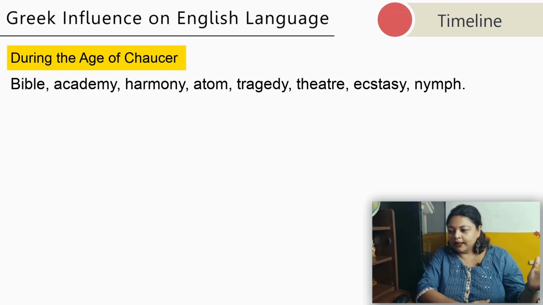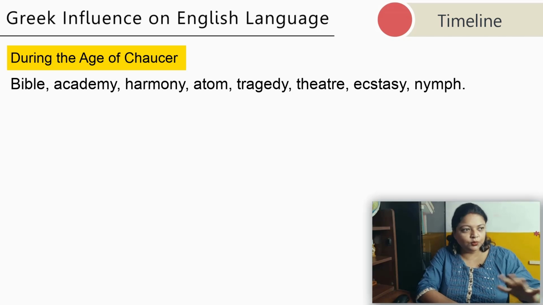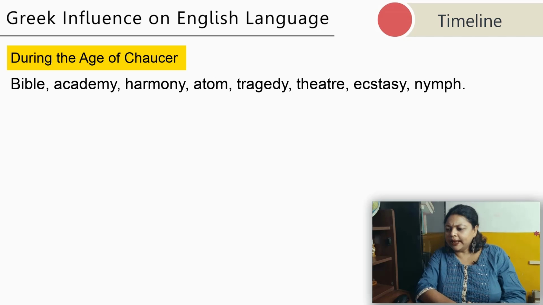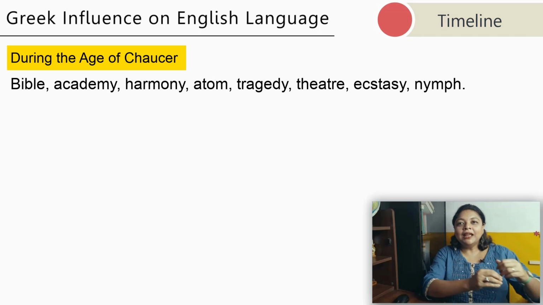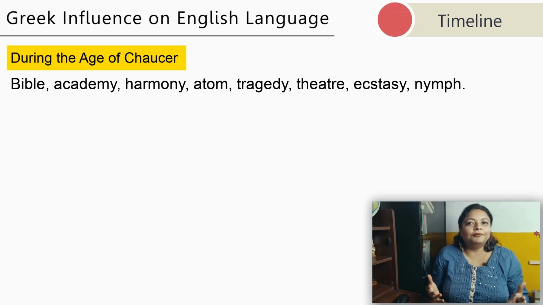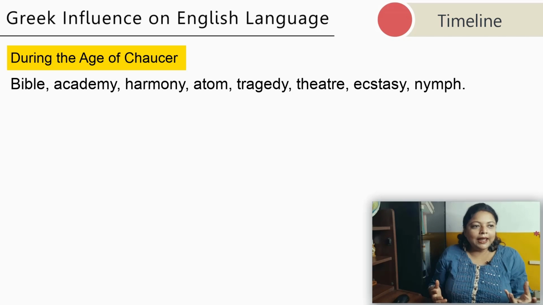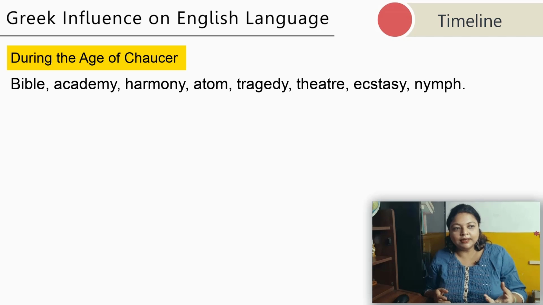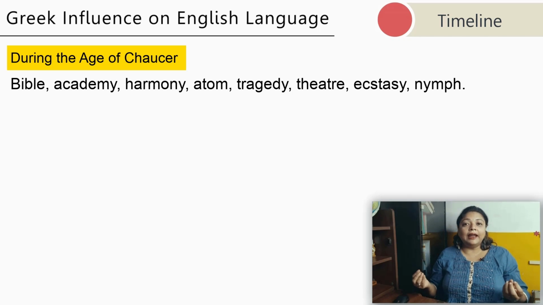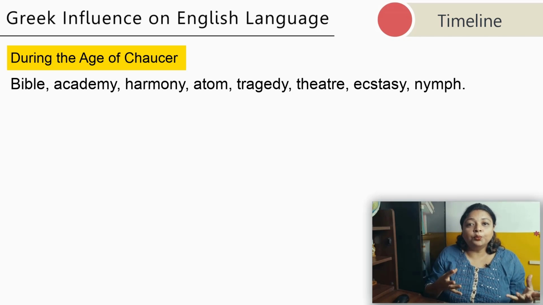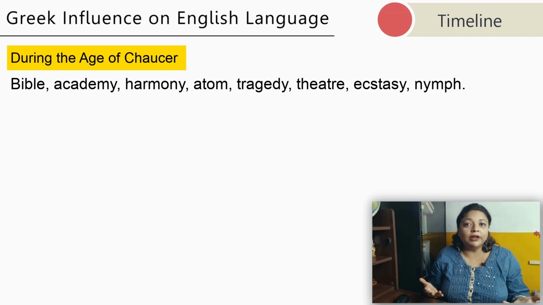Harmony, ecstasy, all these words are related to, of course, religion and the world of spirituality. And interestingly, we have words like atom. See, atom here belongs to the world of science. So this is the beauty of Greek influence. On one hand, it was giving you words in which you express religious ideas, and on the other hand, it's supplying you with words where you can express scientific ideas.